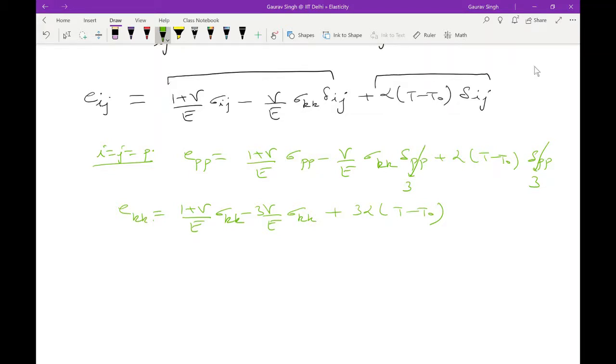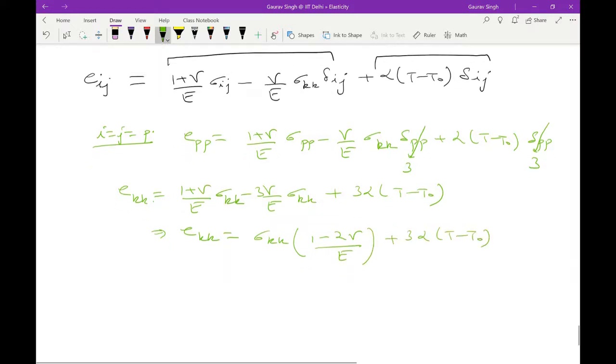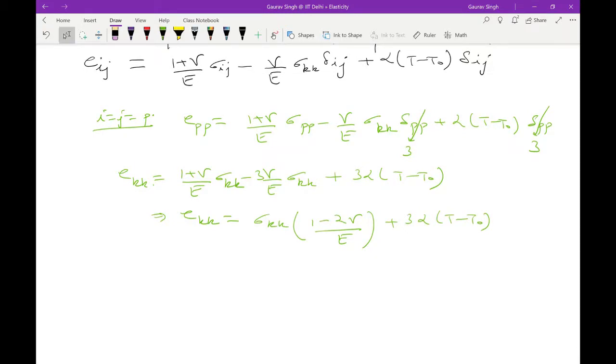So this should be written as ekk is equal to sigma kk times 1 minus 2 nu by E, plus 3 alpha (T minus T naught).